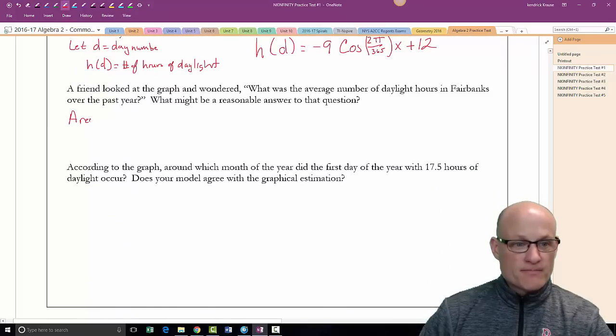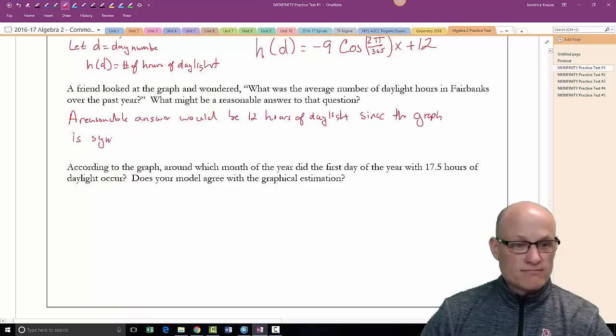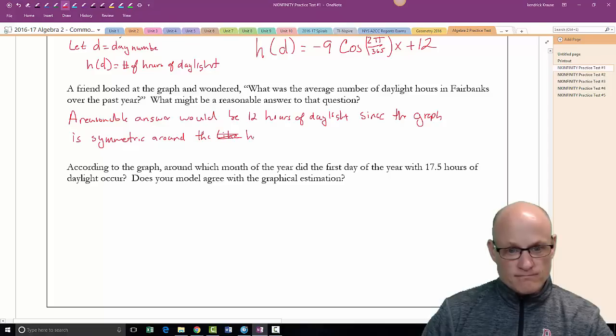So a reasonable answer would be 12 hours of daylight, since the graph is symmetric around the line h equals 12.